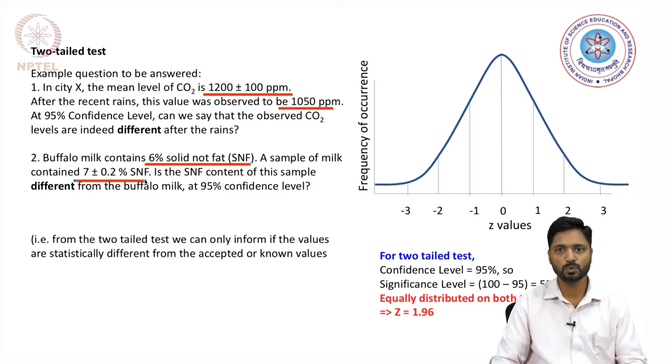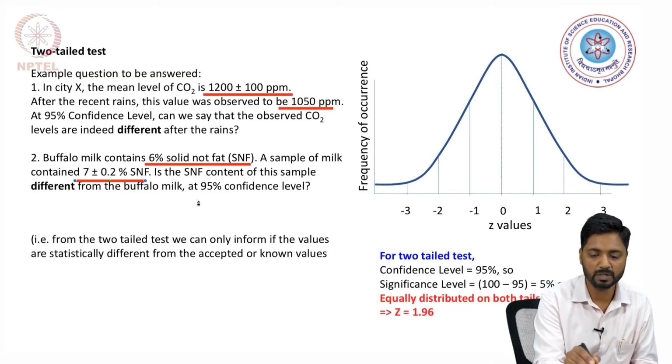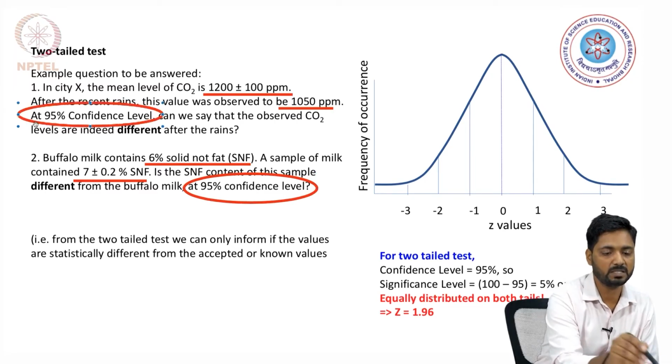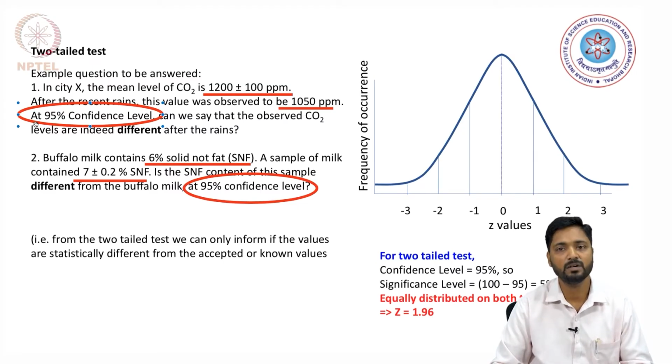I want you to take note of two points. One is that we test the hypothesis at a particular confidence level. In both cases, this number is 95% confidence level. Another thing is that we are being asked only to tell whether the reading at hand is indeed different from an accurate value or a population mean value.